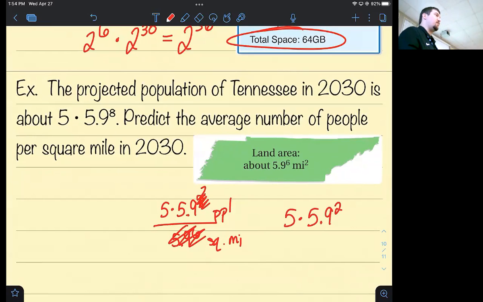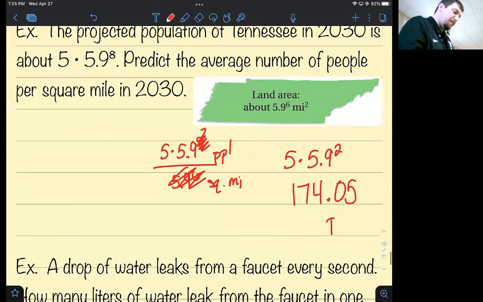Can someone take 5.9 to the 2nd times 5? Maddox? 174.05. Okay, so that's a prediction of how many people per square mile.